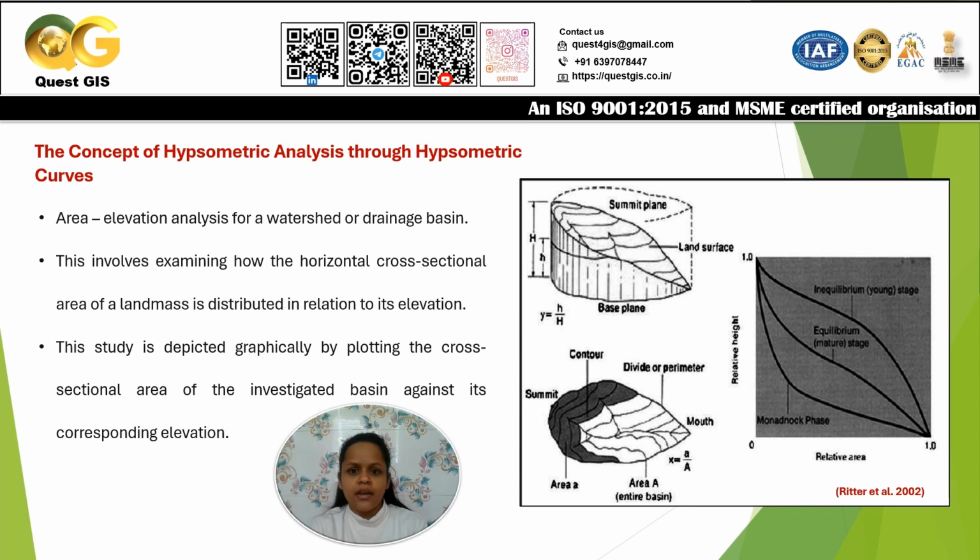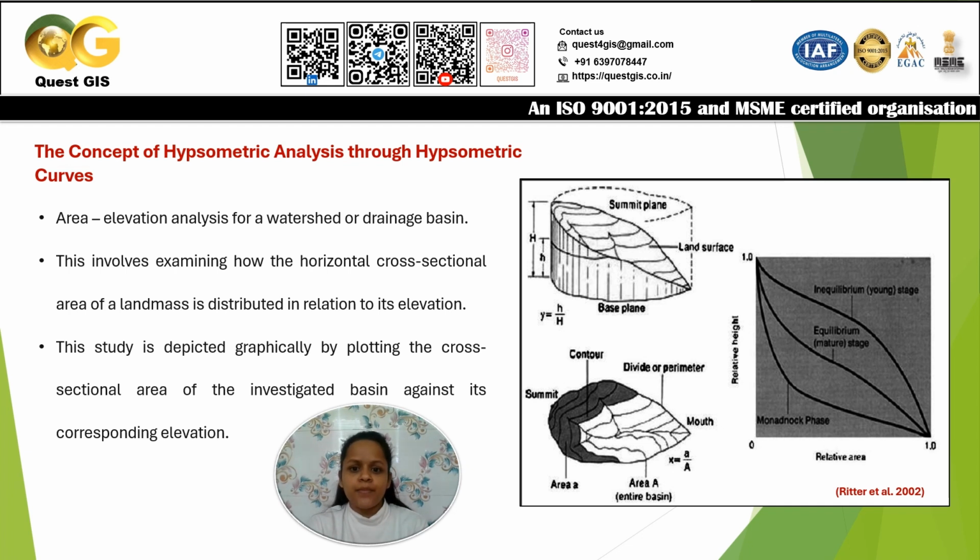As I said, there are two ways of understanding hypsometric analysis. First is hypsometric curves. The diagram you see on the right side shows hypsometric curves. These curves show area and elevation distribution. The area is plotted on the x-axis and the elevations are plotted on the y-axis.